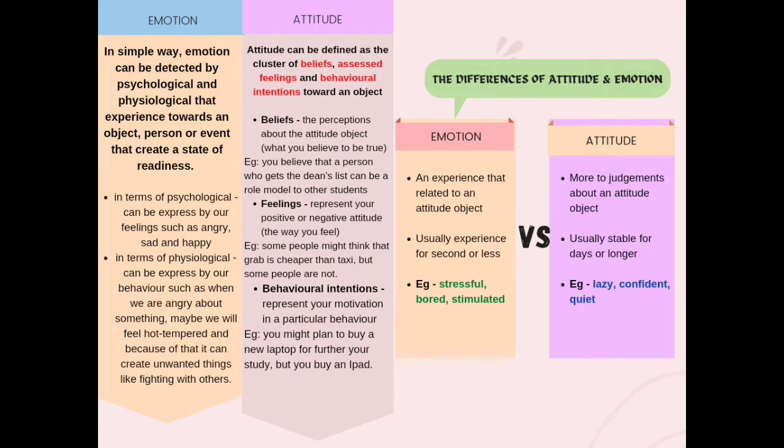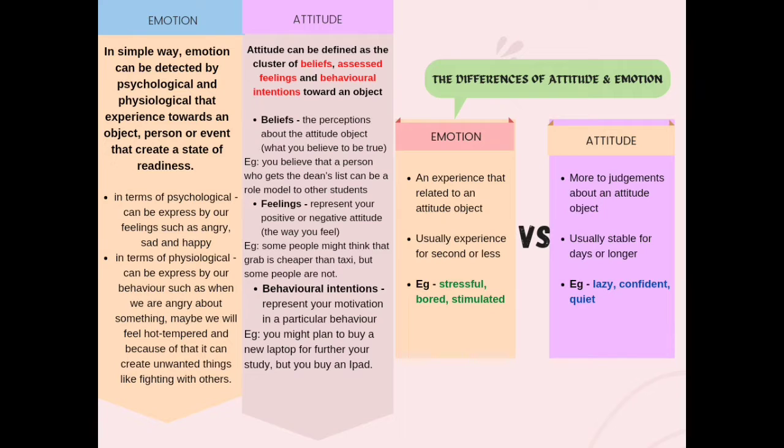What are the differences between emotions and attitude? Emotion is an experience related to our feelings, and usually the experience lasts just a second or less. The examples that I give here are bored, stressful, and more.